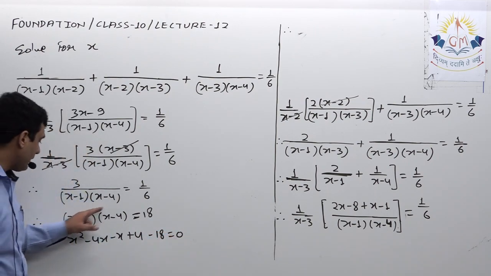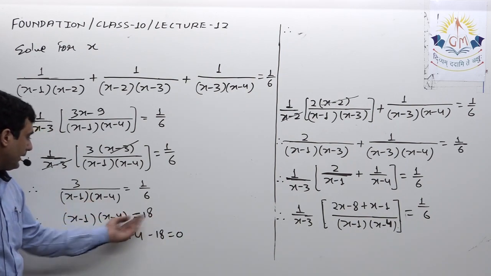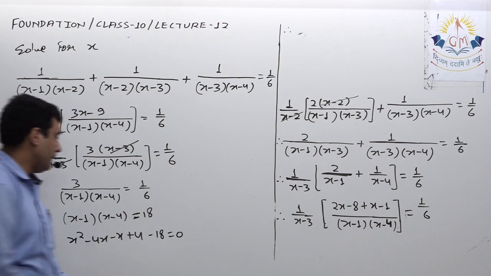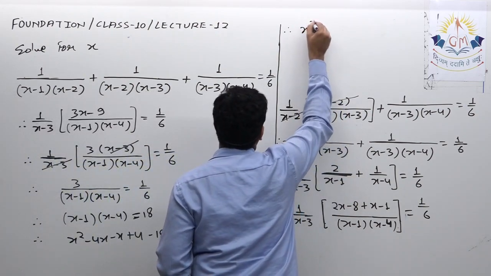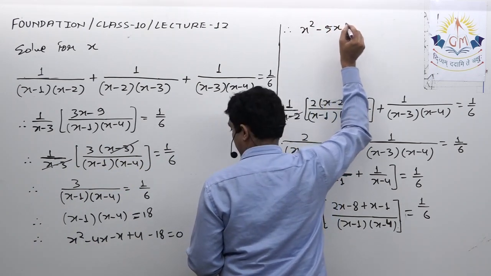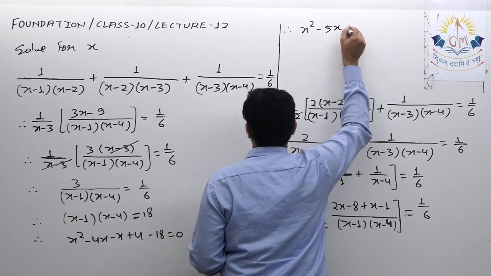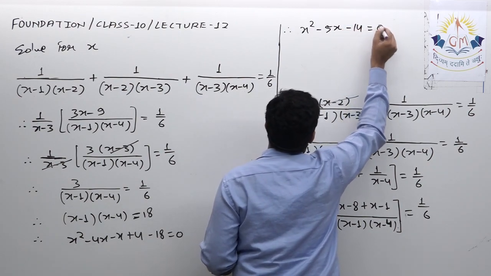That 18 I took on this side, so minus 18 is equal to 0. So finally over here I have x square minus 5x minus 14 is equal to 0.